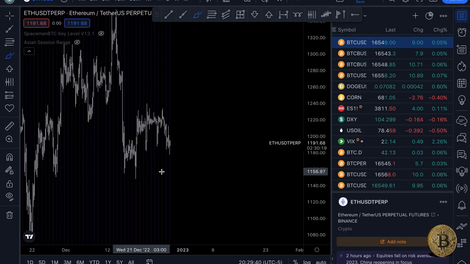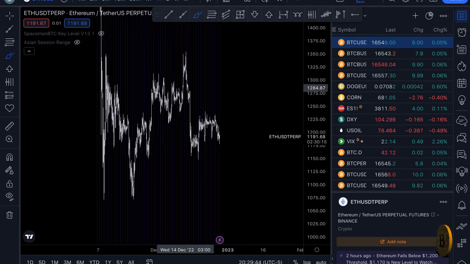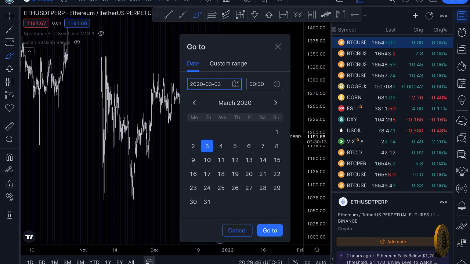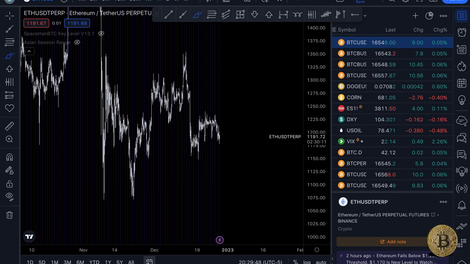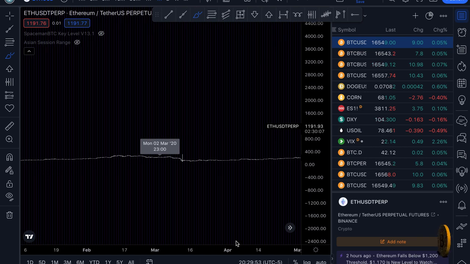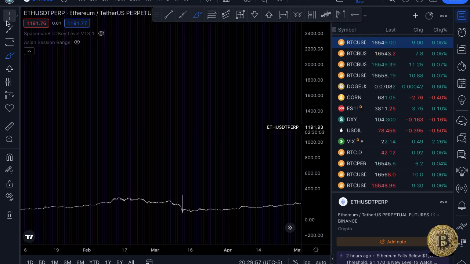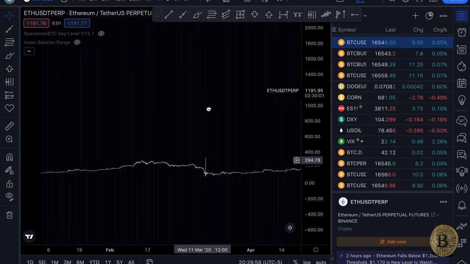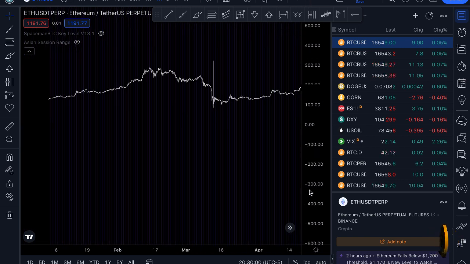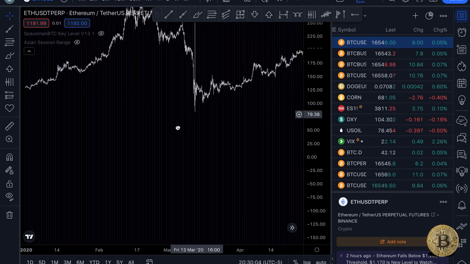Binance. Okay, same thing. Let's go back to 2020. Where were we at? Like $300 ETH or something. Is this it here? March 2020.